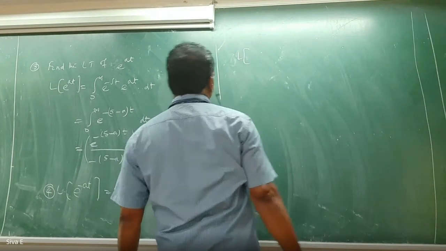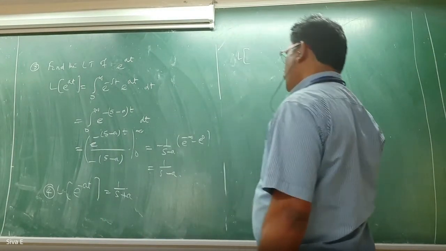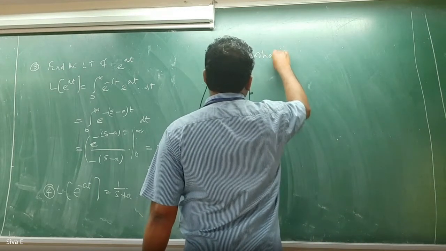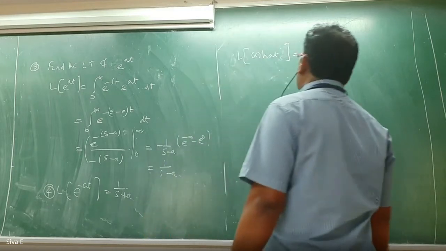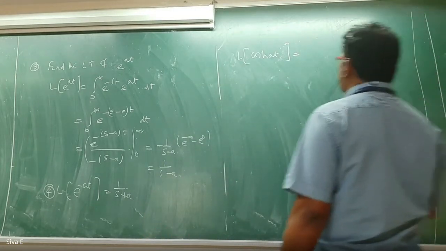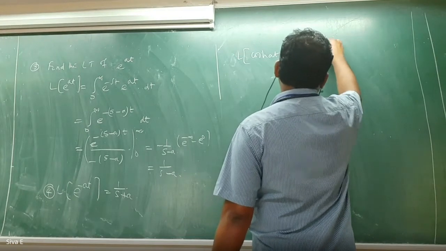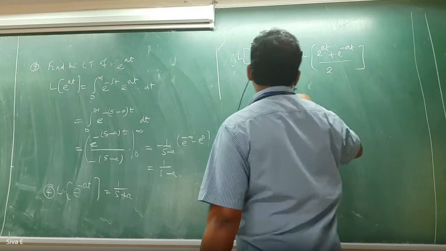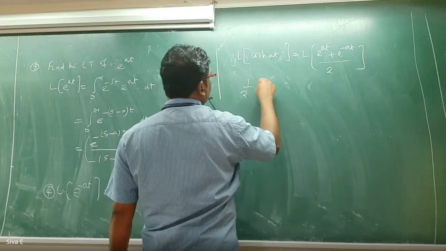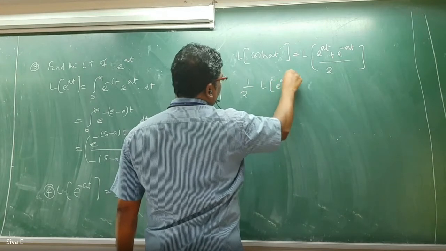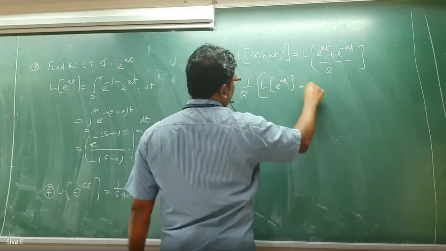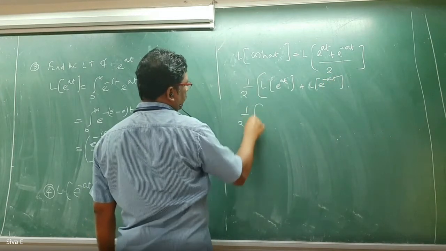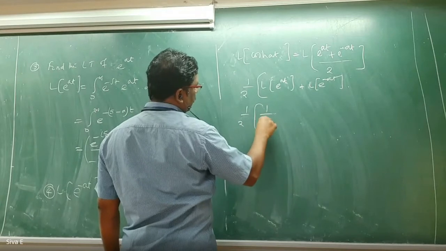So what is the Laplace transform of cosh at? Cosh at is (e power at plus e power minus at) by 2. So 1 by 2 times the Laplace of e power at plus the Laplace of e power minus at. So 1 by 2 times (1 by s minus a plus 1 by s plus a).